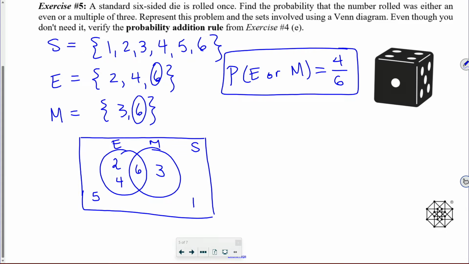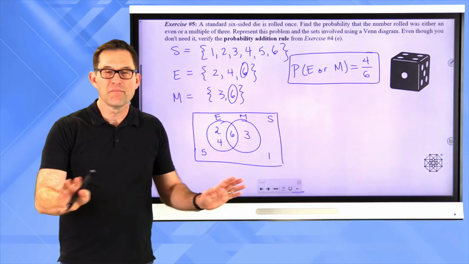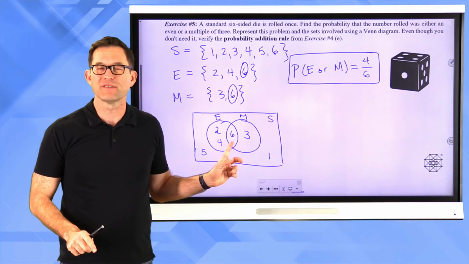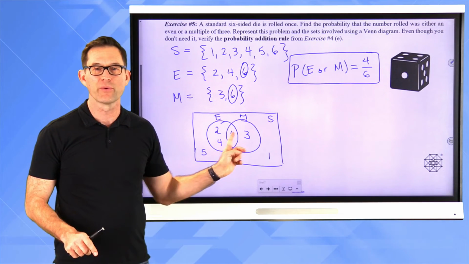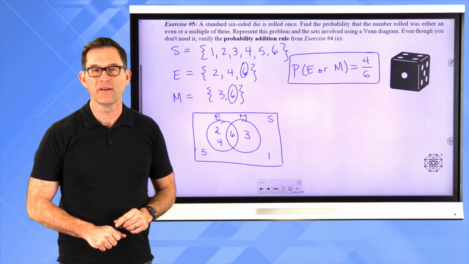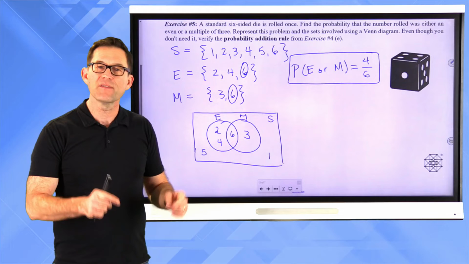Now, that's very simple, right? It's very, very easy, okay? Because I didn't count the 6 twice because I didn't have to. I could just look at my diagram and go, oh, 1, 2, 3, 4 lie in my union out of 6 total, so 4/6.